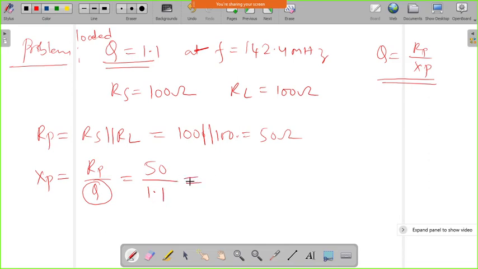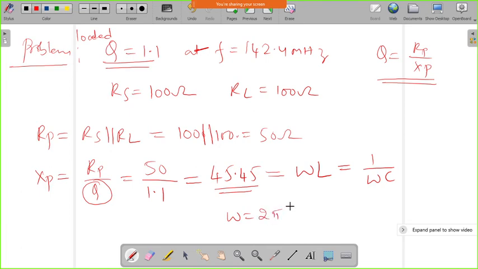So now what is Xp that we are going to get? 45.45. You can calculate this one. This will be equal to either a series reactance, omega L, or the capacitive reactance, 1 over omega C. Now omega is given by 2 pi f.